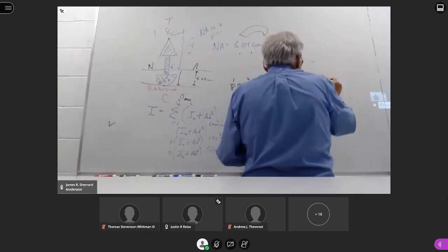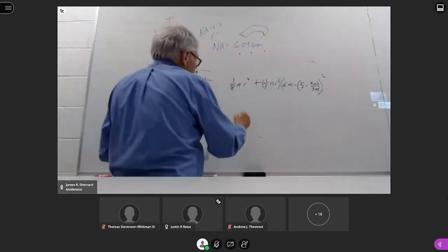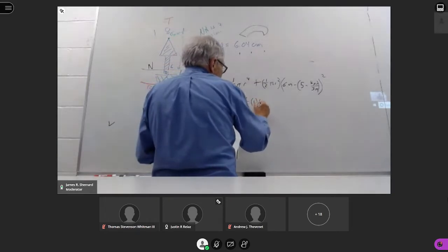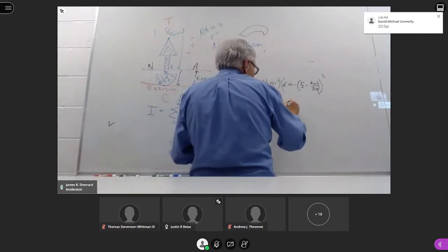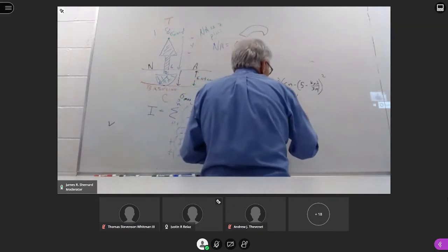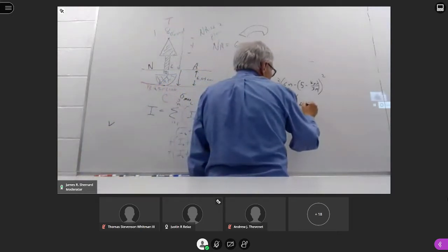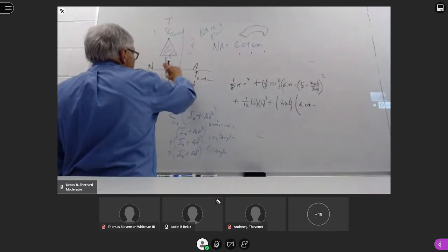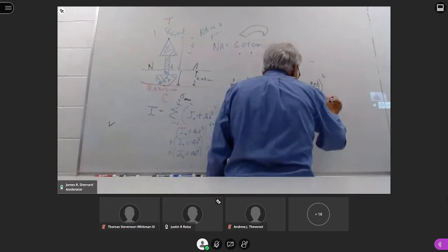So you need this quantity squared. And then for the rectangle, that's going to be plus 1/12 the base times the height cubed plus the area, which is the base times the height, times that d value squared, which is going to be 6.04 minus, it was 5 to get to here, and then 3 more there, so that's 8 squared.